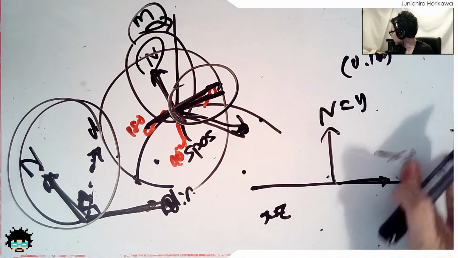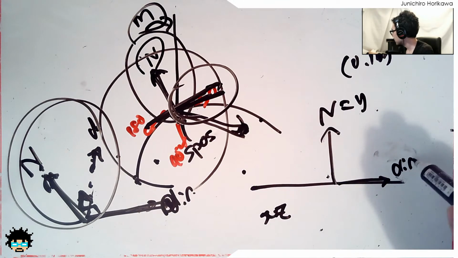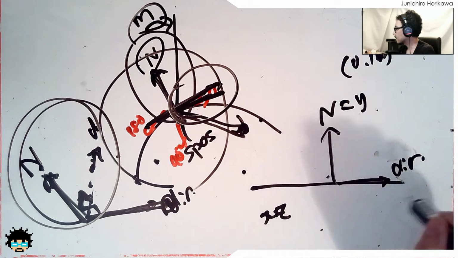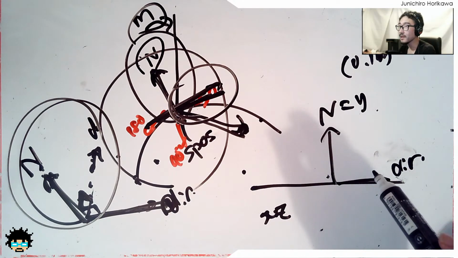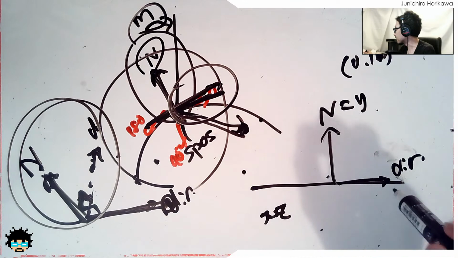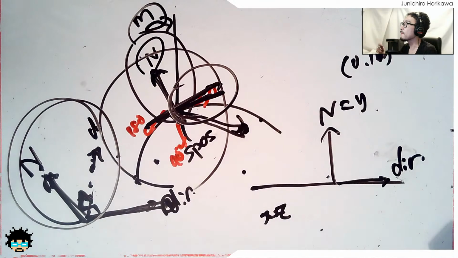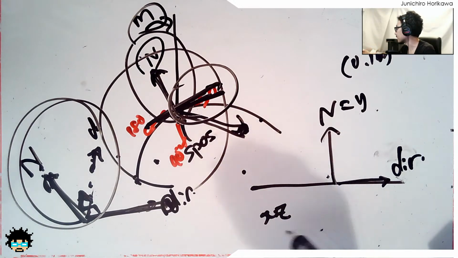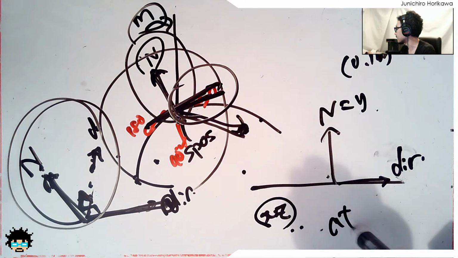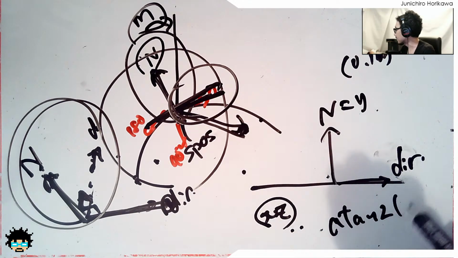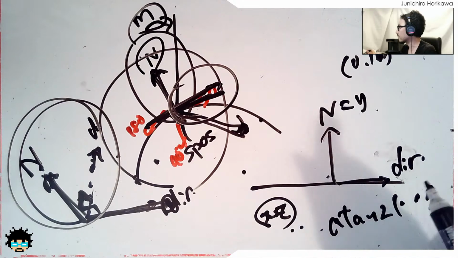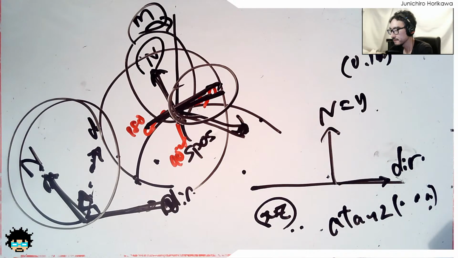Say, let's name this dir. And now you have two vectors. The direction that I have just remapped or rotated is on the xz plane, so you can just use the same function atan2 like we did before in order to calculate the angle. So that's one of the ways you could calculate the angle on a 3D surface.